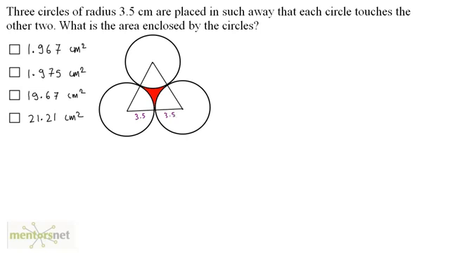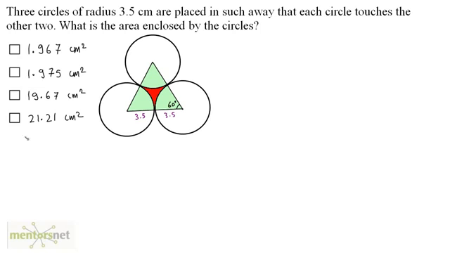Now, if you observe carefully, there are these three sectors formed, and in order to get this red area, what you can do is take the complete area of this equilateral triangle and subtract from that the area of these three sectors. Now, for calculating the area of these sectors, you'll need this angle. Well, this angle will be 60 degrees because this is an equilateral triangle.